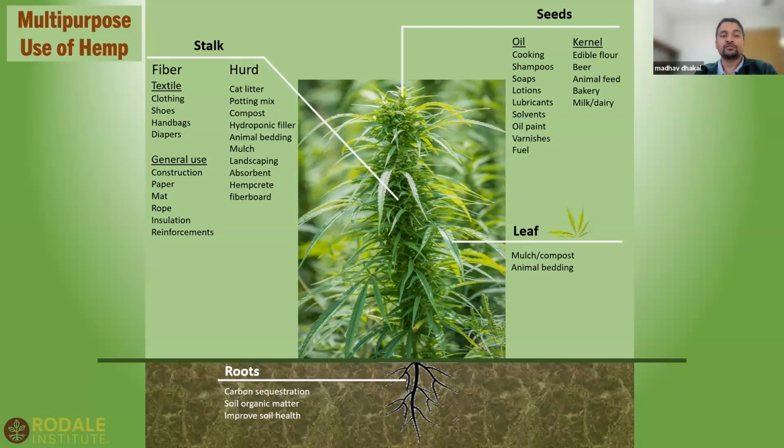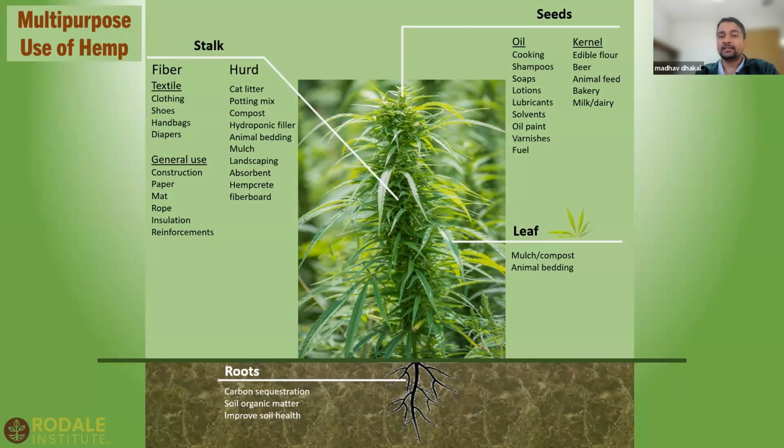The general uses of the hurd are construction, paper, cat litter, potting mix, compost, hydroponic filler, animal bedding, mulching, hemp crate production, and fiberboard production. These are some of the uses of the hurd. The general uses of the hemp biomass or stalk are paper production, producing mats, rope, insulation materials, and reinforcement.